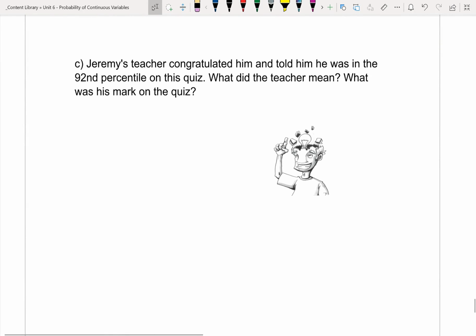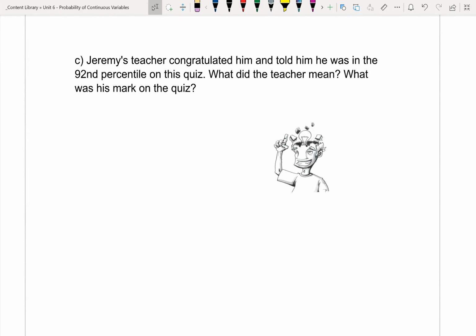Finally, in our last example, Jeremy's teacher congratulated him and told him he was in the 92nd percentile on this quiz. What did the teacher mean, and what was his mark on the quiz? So if I draw a normal distribution again, because that's what I've been focusing on, I know my mean is 7. I don't know what his mark is, but I know the standard deviation is 2.2.